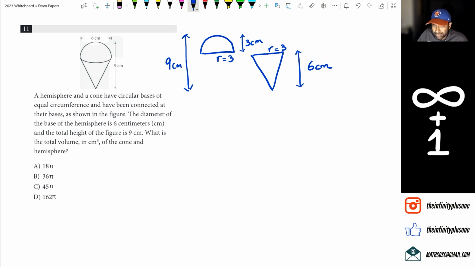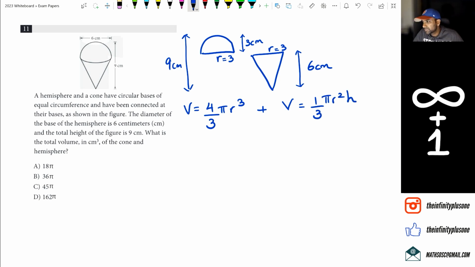So with that in mind, the formula for the volume of a sphere is actually, what do we got? 4/3 pi r cubed plus the volume of a cone, which is 1/3 pi r squared h. Now of course, I think surely these must be the same equations that we use on the other side of the planet as well, but we'll move along anyway.